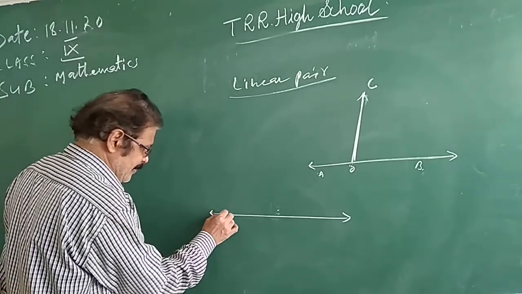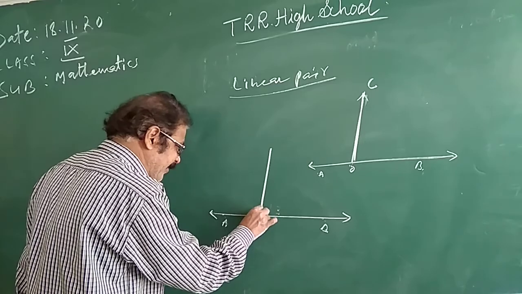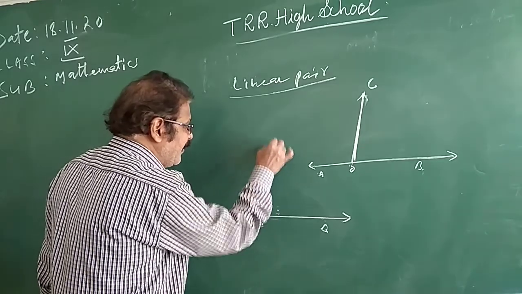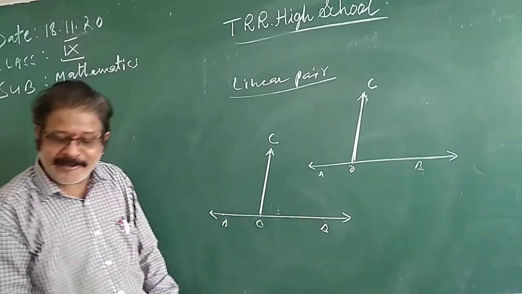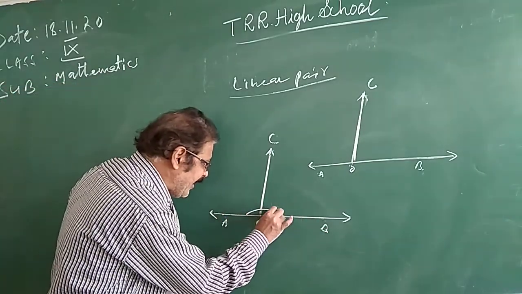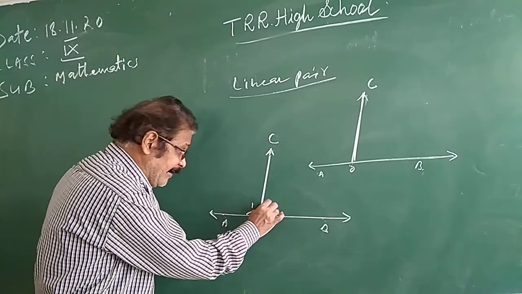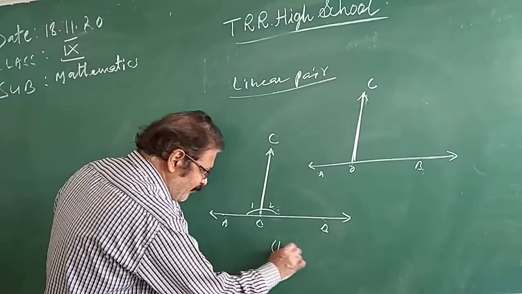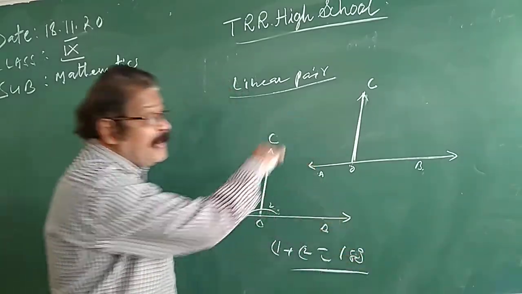This is the AB straight line. On the straight line, one ray is turning. This ray is OC. The OC ray is turning on the straight line AB. So the angles on either side of this ray are adjacent angles, angle 1 and angle 2. If the sum of them is equal to 180 degrees, it is called a linear pair.